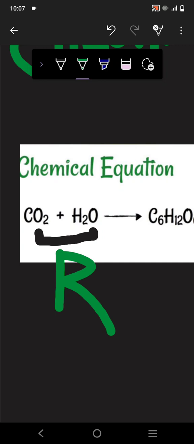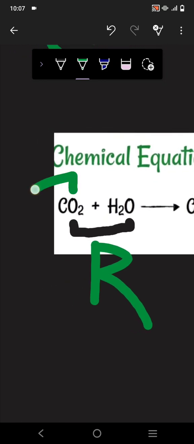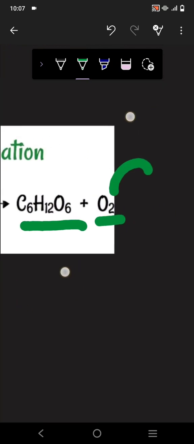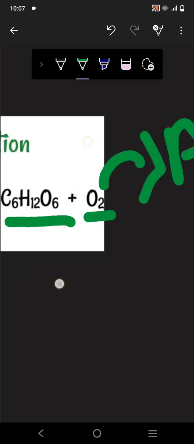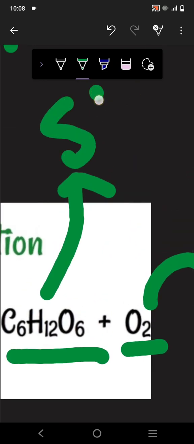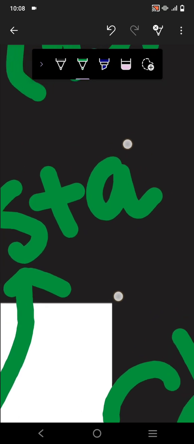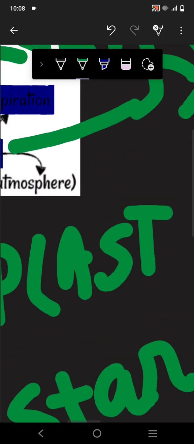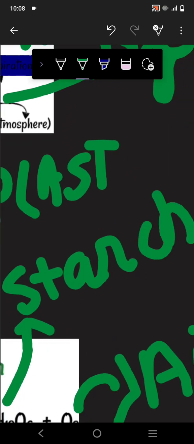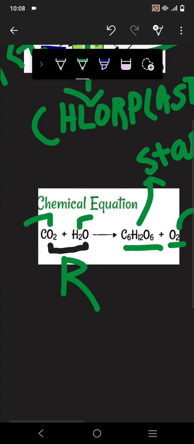Carbon dioxide is given by the atmosphere, and water is absorbed by the plants from the soil. From the reactants, glucose is formed and oxygen is formed, which is released to the air in the atmosphere for our betterment. The glucose is for making starch and cellulose, for the storage of energy or for the growth of the plant.